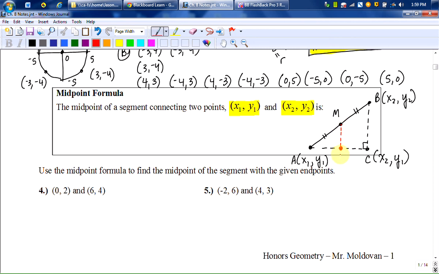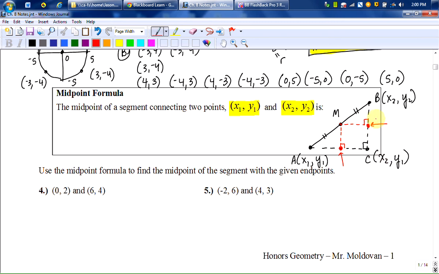And one of the things I'm going to notice is that M is going to have the same x coordinate as this point here, which is directly below it. So I have a nice right angle right there. And over here, something like that's going to happen with a horizontal line in this point right here.